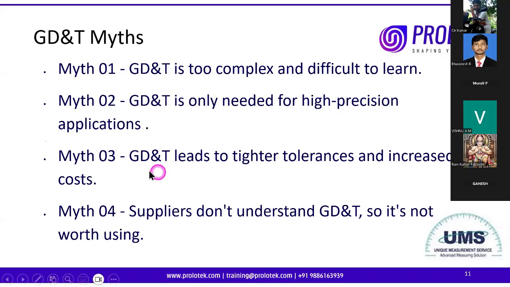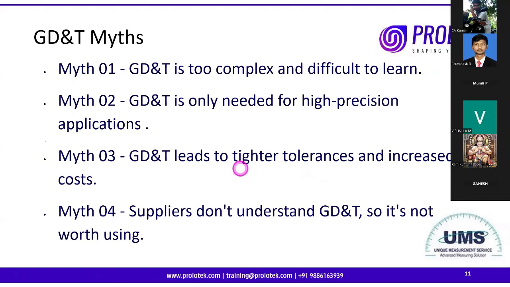Many people think that if there are so many GD&T symbols, then the part is very critical and the tolerances are very tight. But when you take a deep dive into understanding GD&T, you will understand that using GD&T optimally will give you more tolerance for manufacturing. In one of the examples, both Tamil Parthi and Joshua told that when you use GD&T, you will get a circular tolerance zone instead of a rectangular tolerance zone, and you will get 57% more tolerance, right?